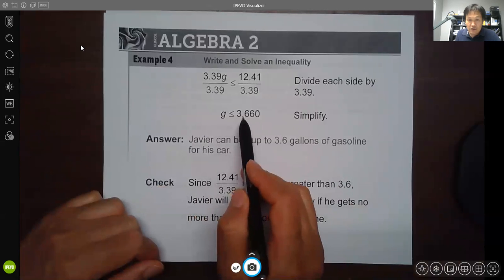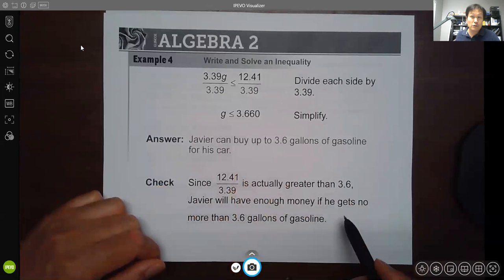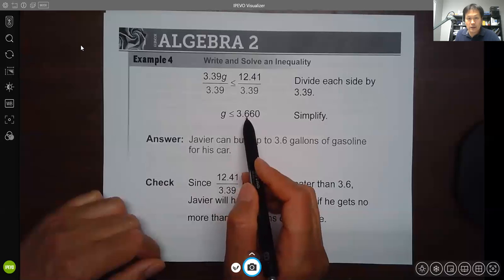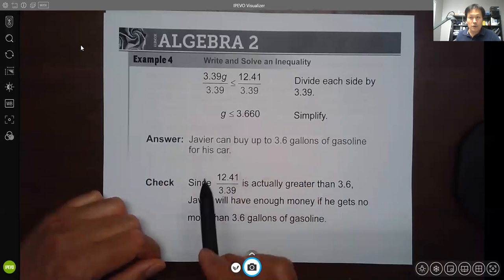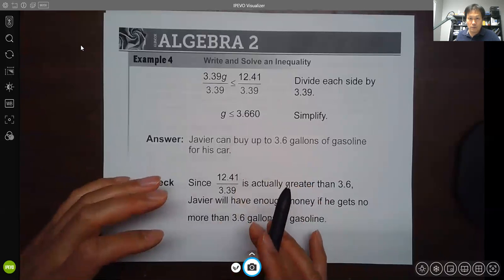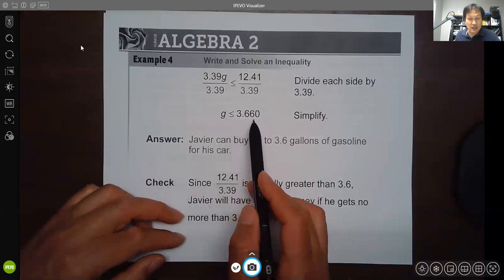If you round that to the nearest tenth, you might say 3.7. That would be a wrong answer. Some of you might say, well, why is 3.7 wrong? Because 6 is bigger than 5, so we can round it up to 3.7. Do you remember this is a real-world problem? He cannot go more than 3.66.